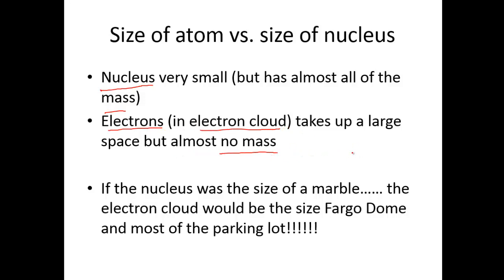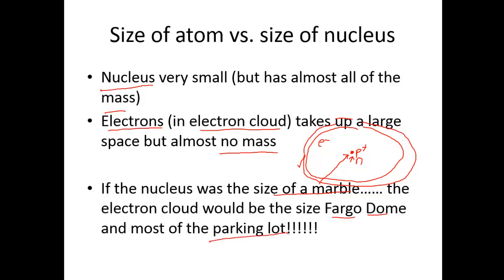If we were to compare where the nucleus is to where that electron cloud is, where the electrons would be, electrons out here, protons and neutrons in here, the nucleus, if it was the size of an actual marble, the electron cloud of where the electrons could actually be orbiting around would be about the size of the Fargo Dome and most of the Fargo Dome parking lot.